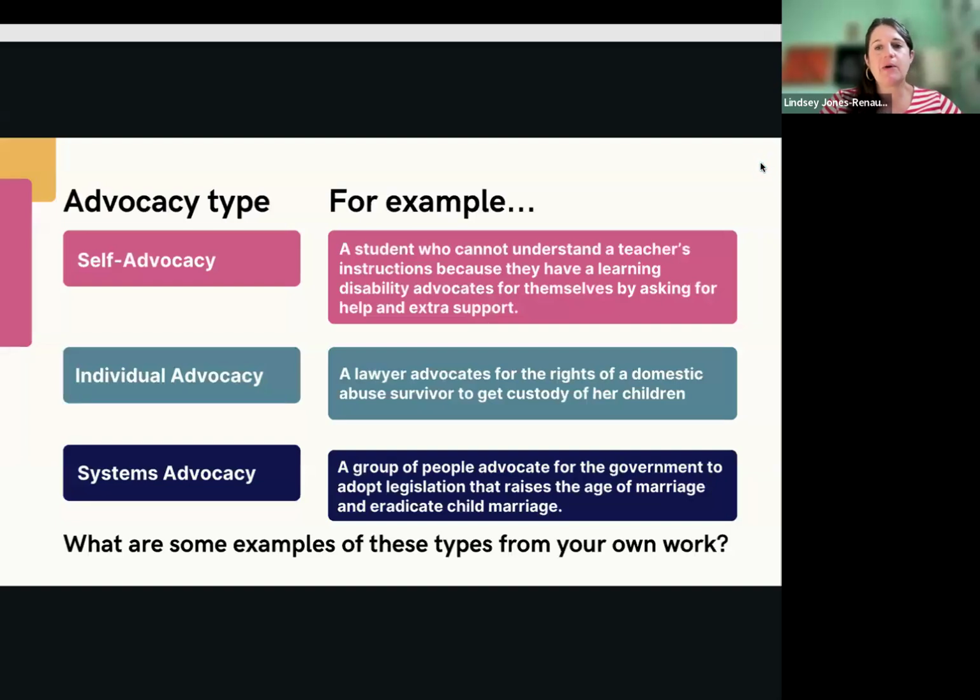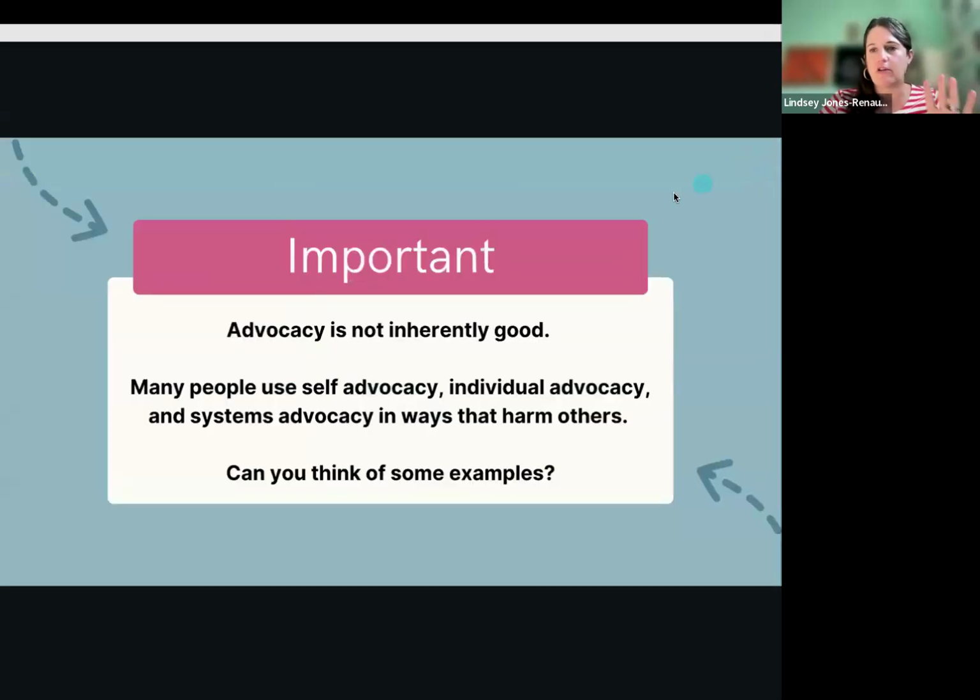Okay, let's move on, because now we're going to talk about, oh wait, hold on first, sorry. An important thing to know is that advocacy in and of itself is not inherently good. Many people use self-advocacy, individual advocacy, and systems advocacy in ways that can harm others.